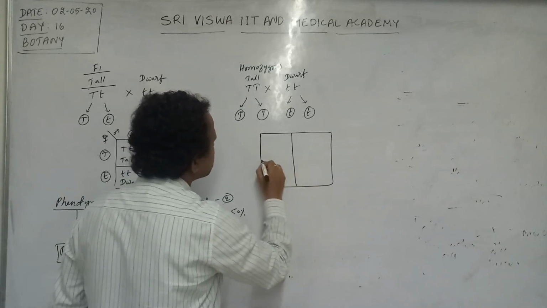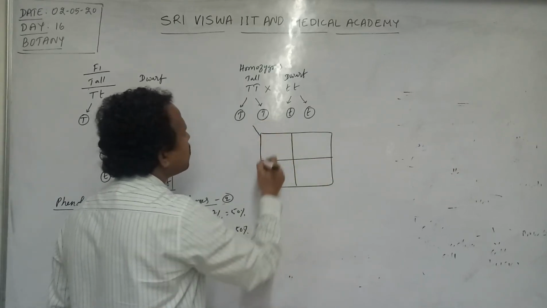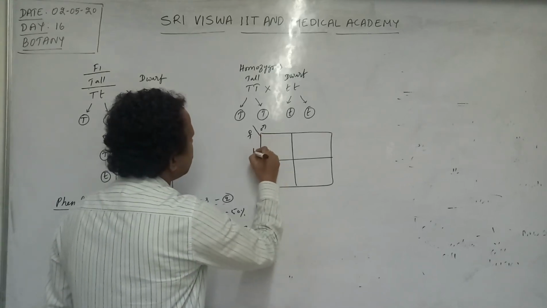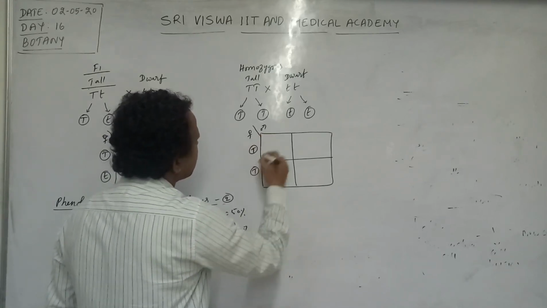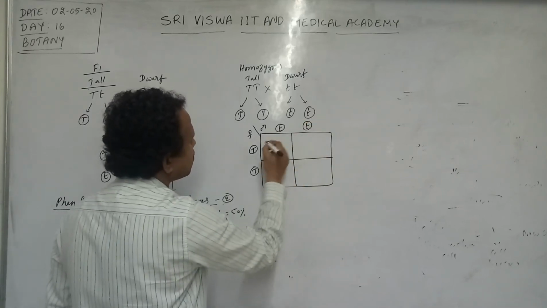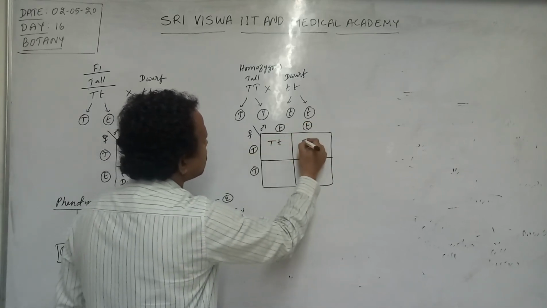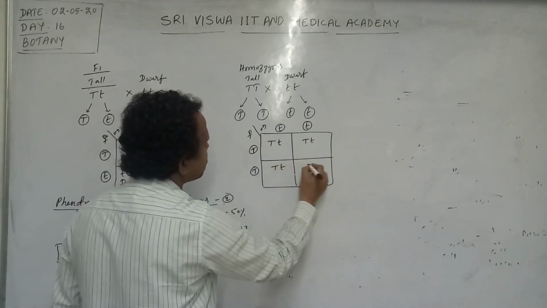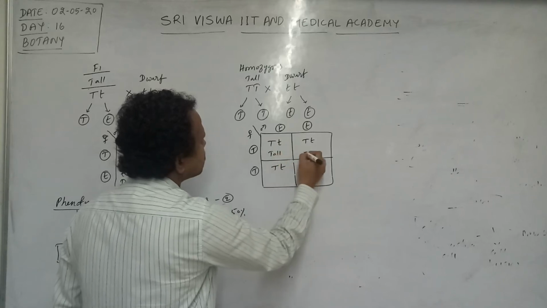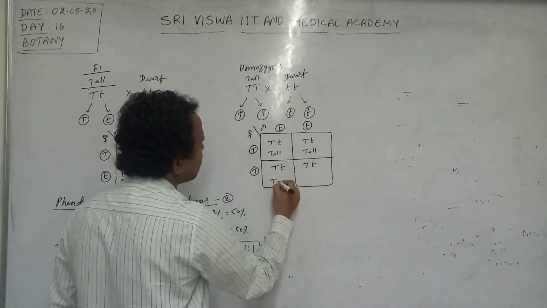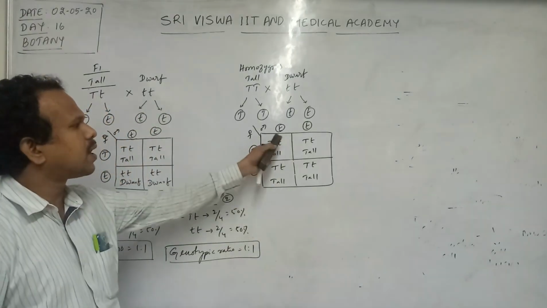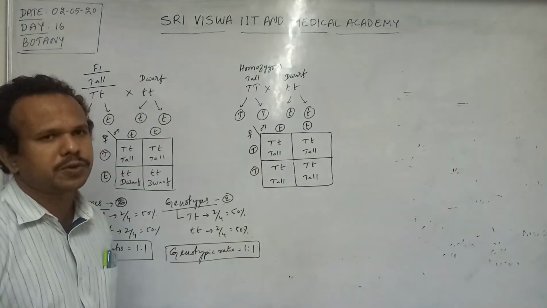Here how many types of combinations are possible? 4 types. Say these are female and these are male. Female are with capital T, then small t. Possible combination: capital T small t, capital T small t, capital T small t, capital T small t. Then whose phenotype is tall, because all are with capital T small t, heterozygous individuals.